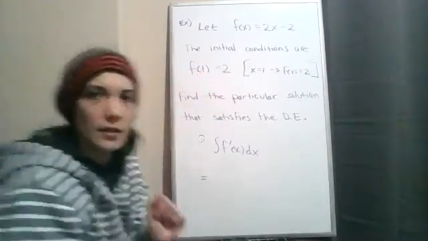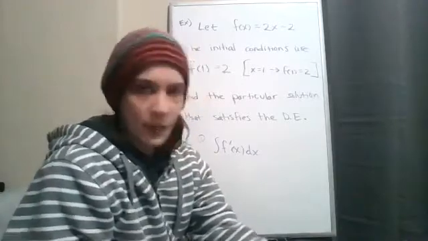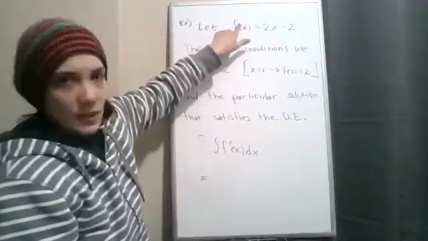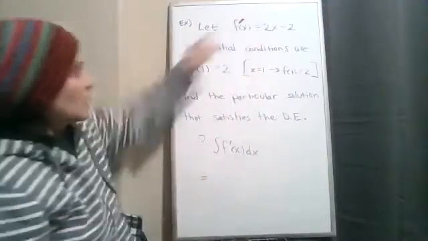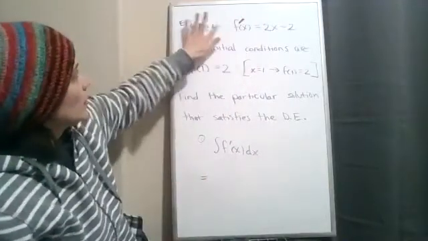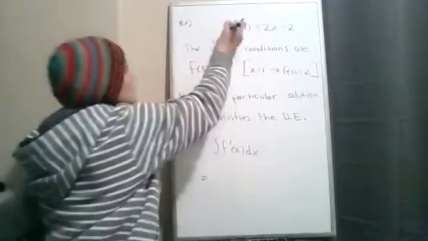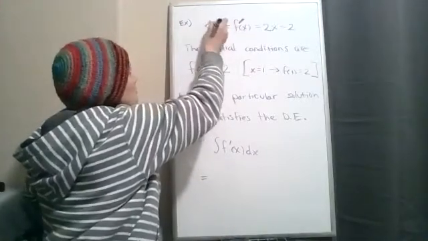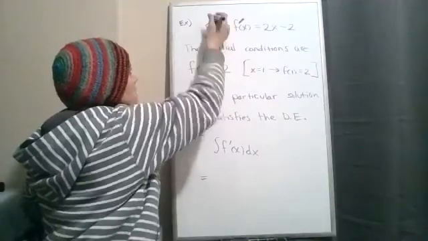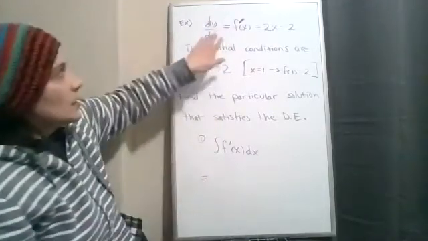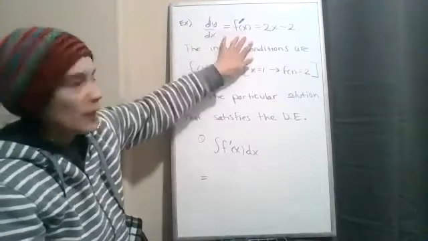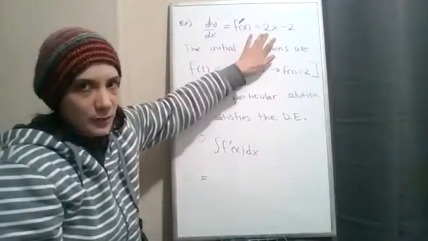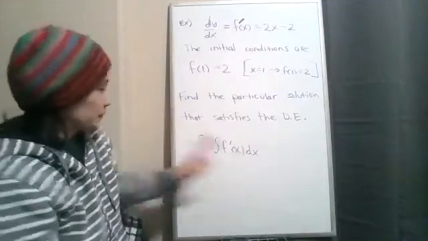Oh, I forgot to put that this was the derivative. So this is your differential equation: derivative of y with respect to x, or f prime of x, equals 2x minus 2. And then we integrate that part.